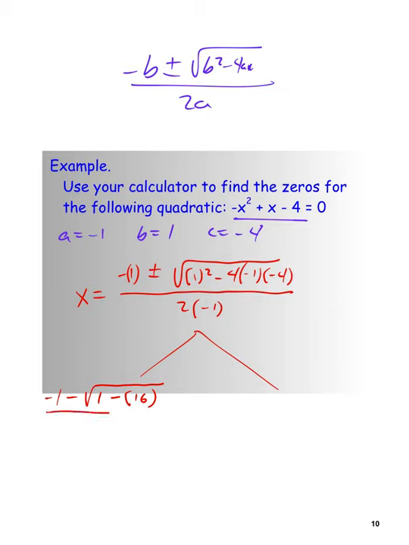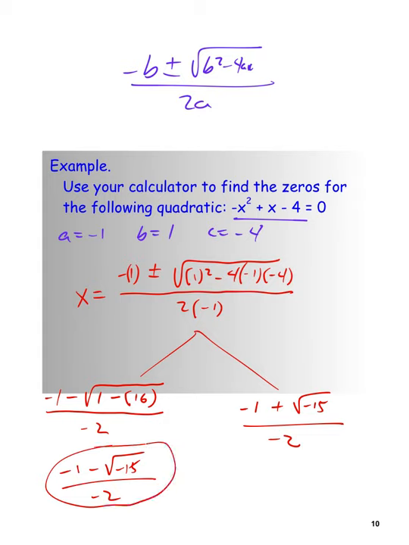You can see what's happening here is we actually do not have any real solutions. What ends up happening, and we'll look at this shortly, is this is negative 1 plus the square root of negative 15 all over negative 2, and this would have been negative 1 minus the square root of negative 15 all over negative 2.